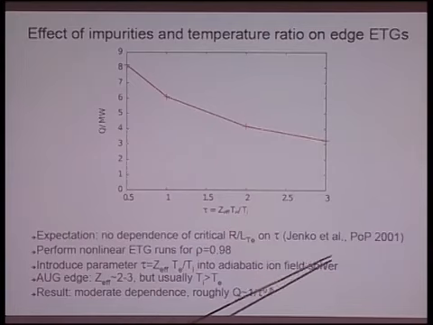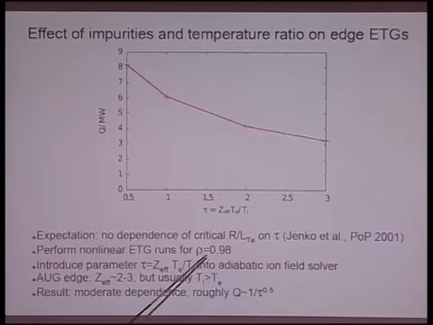It was shown in this particular paper that one expects for core type geometries, like alpha type geometries, that R over LTE critical does not depend on tau if you're limited by the density gradient. It does depend a lot on this parameter if the density profile is flat. But that's not the case here in the edge.